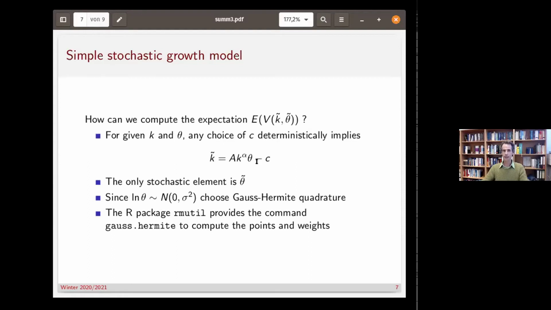The only stochastic element for next period is the new technology level. We have already seen that we assume in the exercise that the log of the technology level has a normal distribution. So it makes sense to use this Gauss-Hermite quadrature method. And we've just seen how to do that.